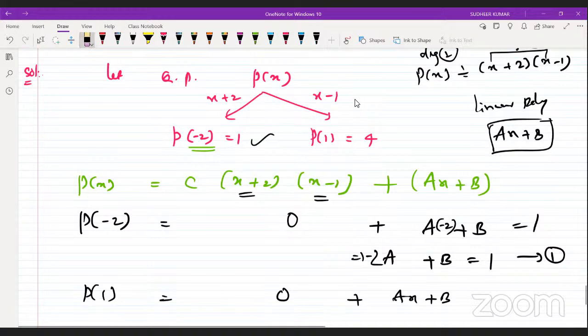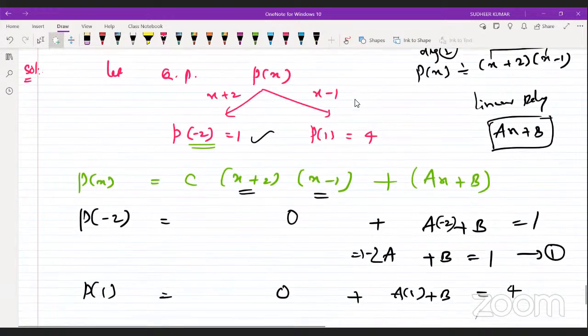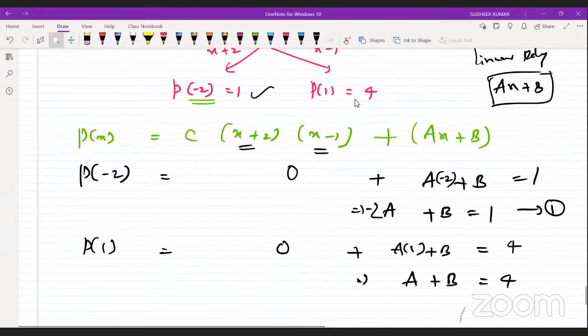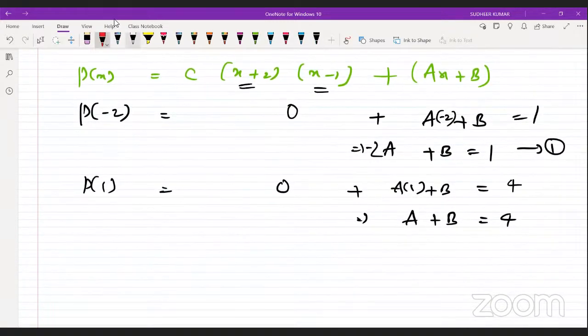Now here we have to substitute 1: a times 1 plus b equal to 4. Now we can write this result as a plus b equal to 4. So this is the second equation.